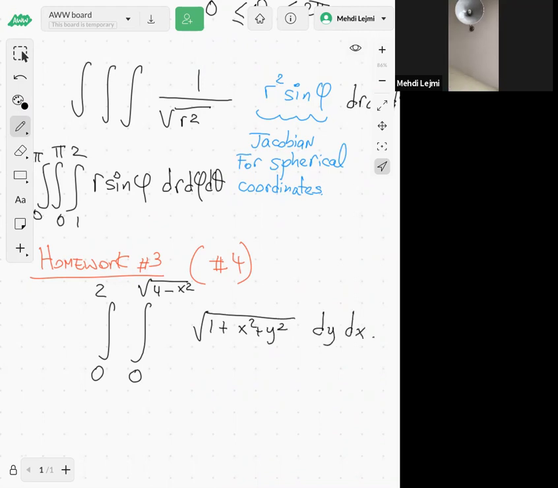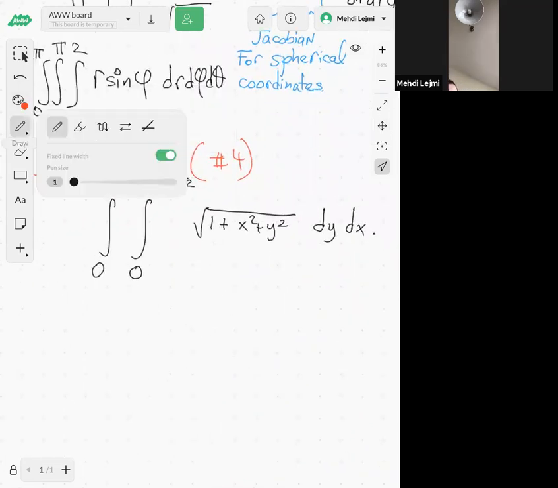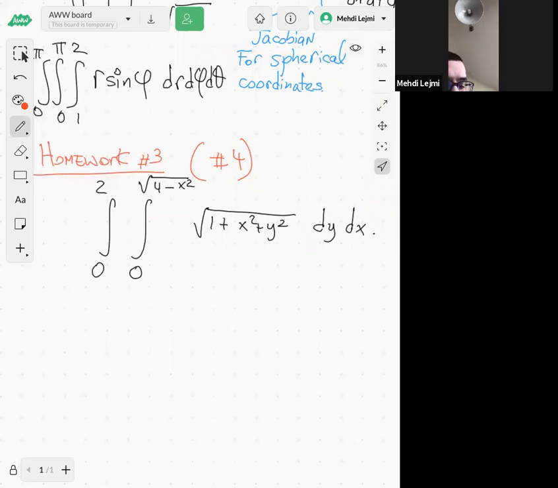For polar coordinates, we know the Jacobian, so the main problem here is to find the bounds. Step 1 is to find the bounds in terms of r and theta.